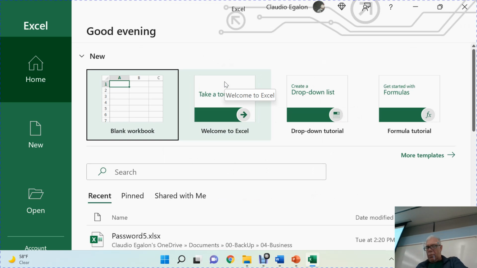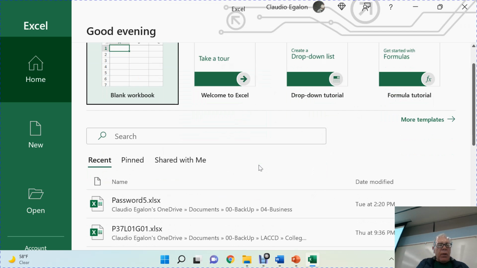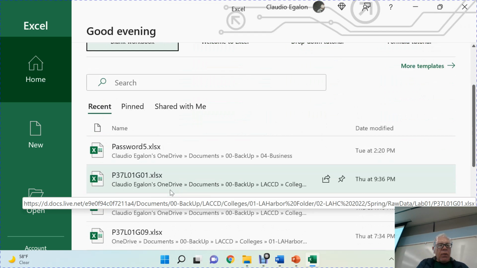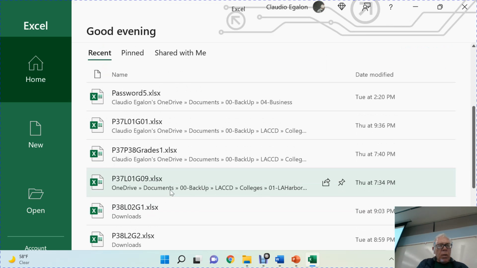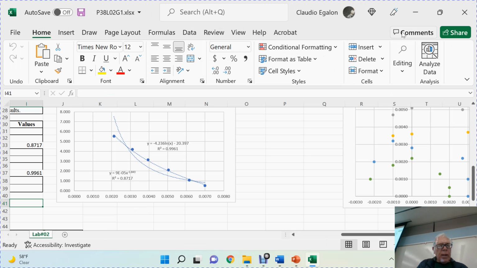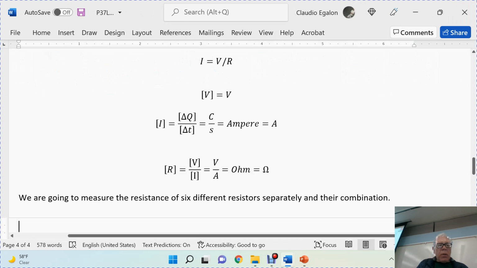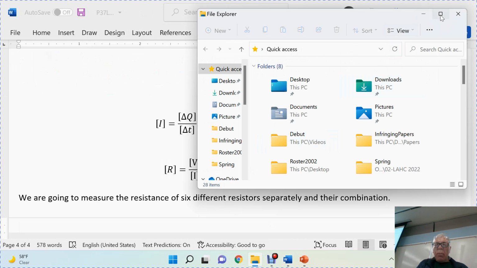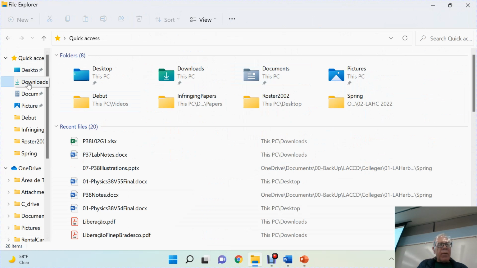I'm going to distribute that for you right now. Let's see. Is that the one? No, that's not the one I want. Must be this one here. Oh no, only lab 2. I'm going to display that for you. Let's see if I can find it.